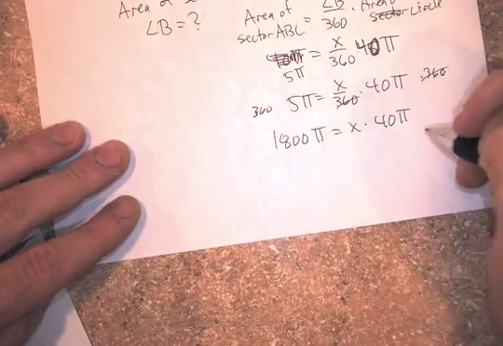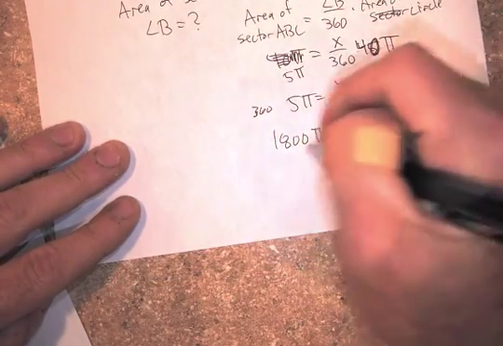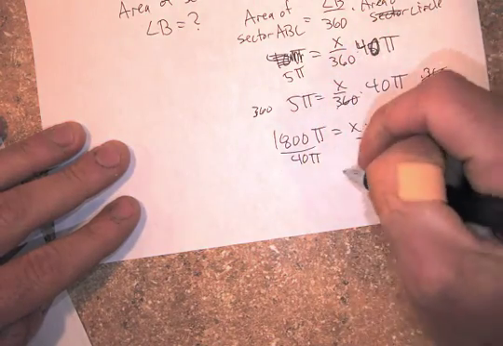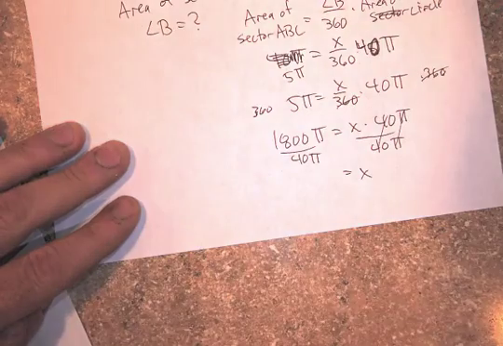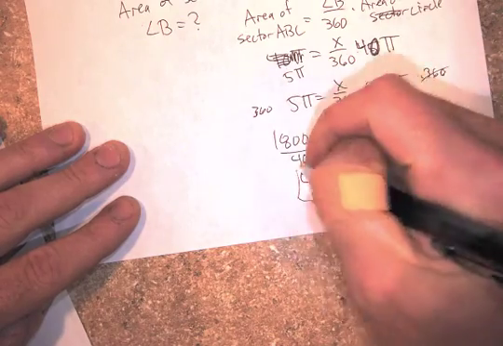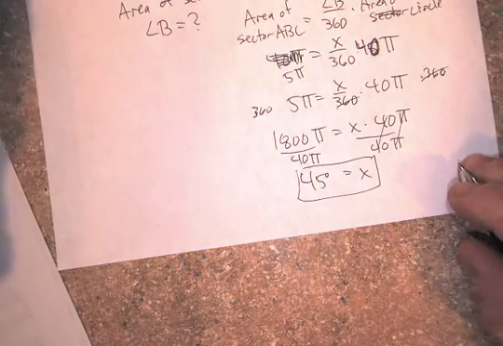Now you could just divide each side by 40 pi. And the pi's will cancel. 1800 divided by 40. Talking 45 degrees. Okay, so that central angle would be 45 degrees.